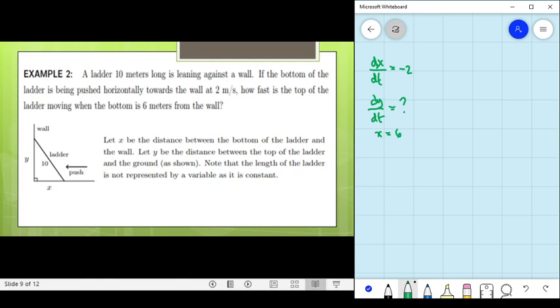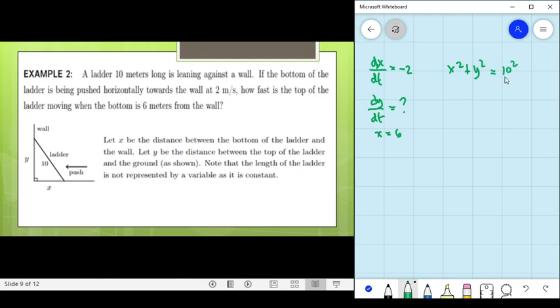Okay. So notice that since the figure being formed here is a right triangle, we are going to use the Pythagorean theorem, wherein we have to use x squared plus y squared equals 10 squared.